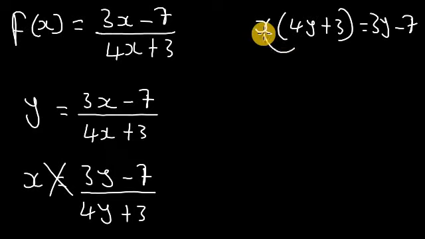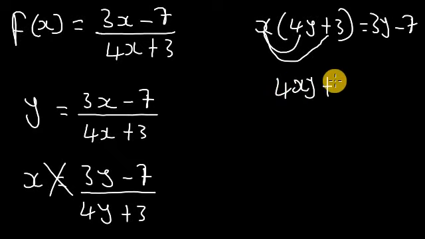Then I'm going to distribute x for everything within the parentheses. Then I should have 4 times xy, that's 4xy. Then x times 3, that's 3x. Then that's simply equal to 3y minus 7. Now what I would do in this case is bring the like terms together, terms that are associated with y that I want to isolate.